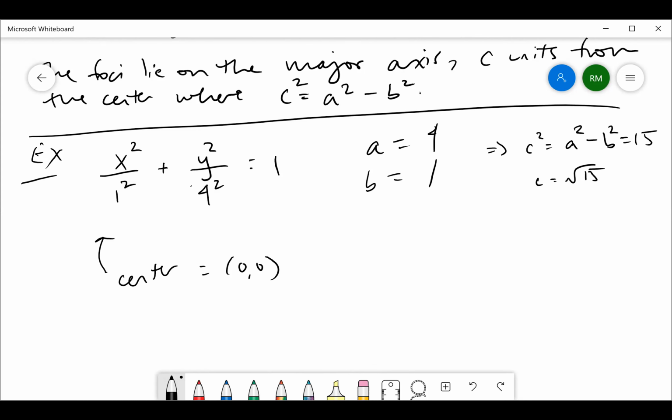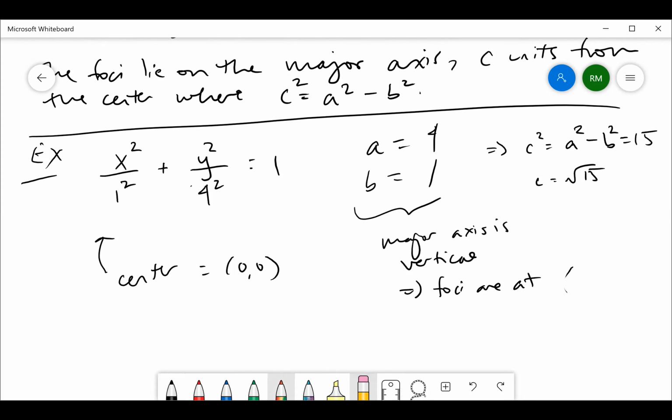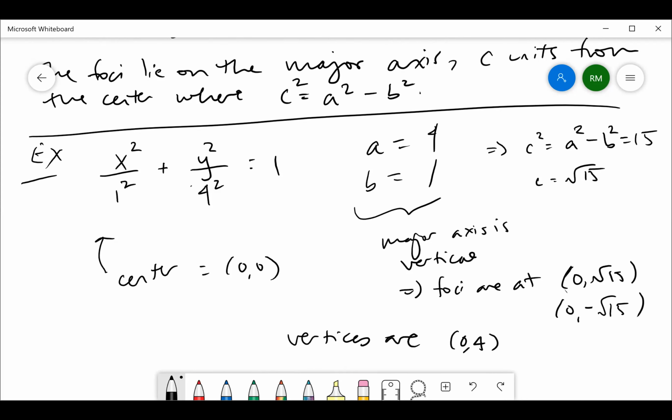And this tells us that the major axis is vertical. And that tells us that the foci are at (0, root 15) and (0, negative root 15). And the vertices are (0, 4) and (0, negative 4).